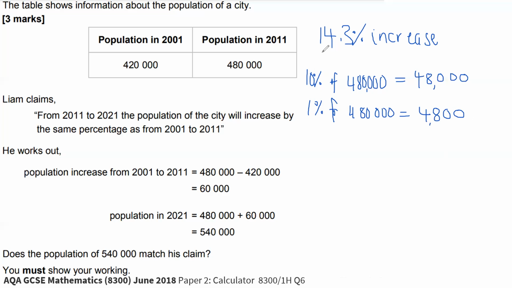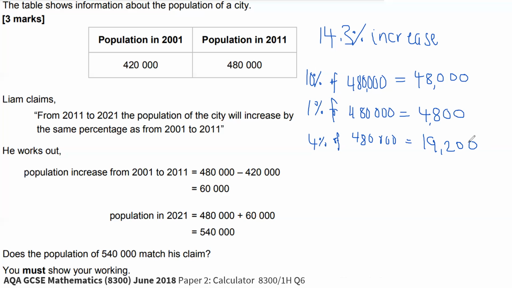But rather than needing 1%, we actually need 4%. So the best way of finding 4% is to do the 1% times by 4. And if you do that, then you get an answer of 19,200.